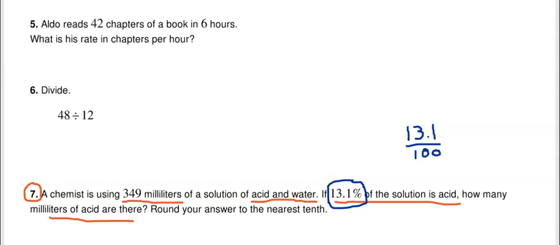So if you do 13.1 divided by 100, you're going to end up with 0.131. You move the decimal over 2 places because there are 2 zeros in 100.